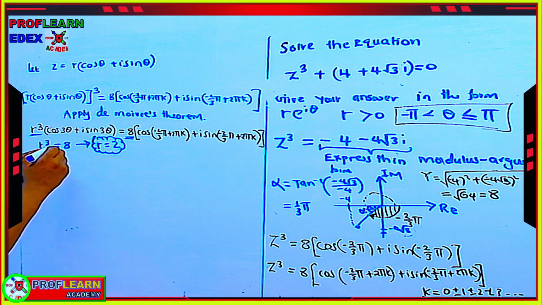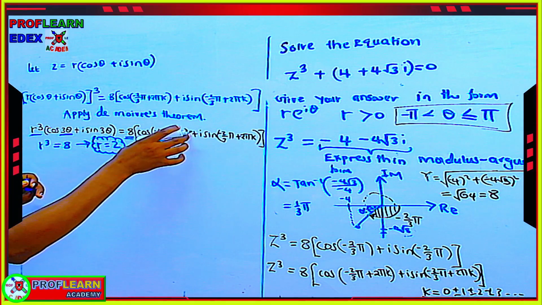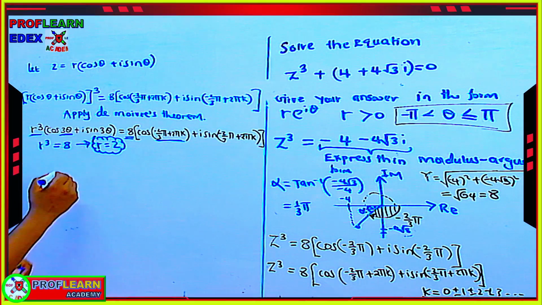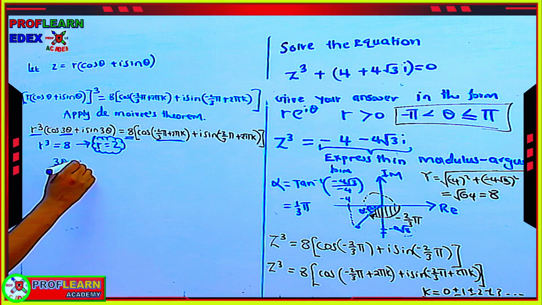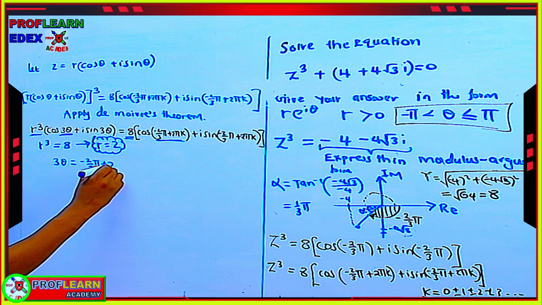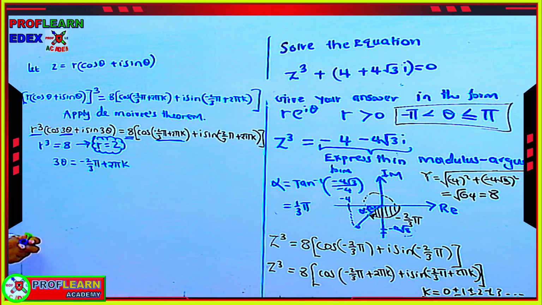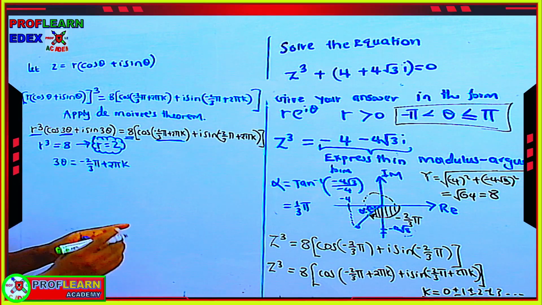The second part, we can say 3 theta is equal to any part of this, because this is the angle and this is the angle in this part. So we are going to say 3 theta is equal to negative 2 over 3 pi plus 2 pi k. Now, at that point, I really like it if I multiply all through by 3 so that I get rid of the fraction.